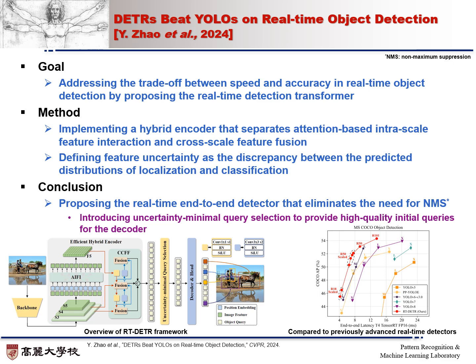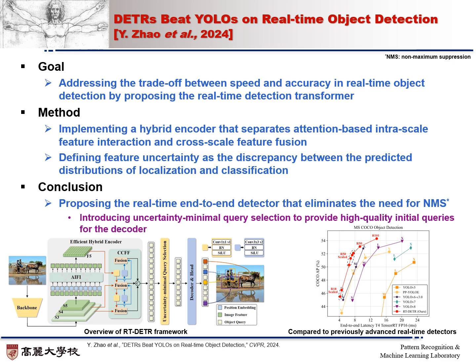While existing DETR models are capable of detecting objects without NMS, their high computational cost limits their real-time performance. To solve this problem, the authors designed the RT-DETR model to overcome the shortcomings of DETR while achieving performance that exceeds existing real-time detection models.